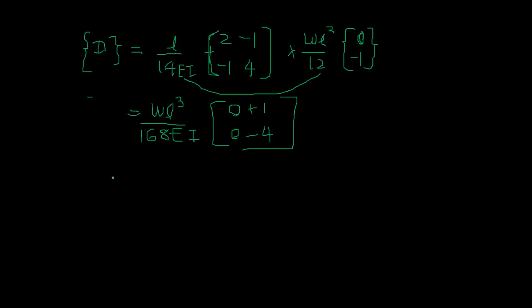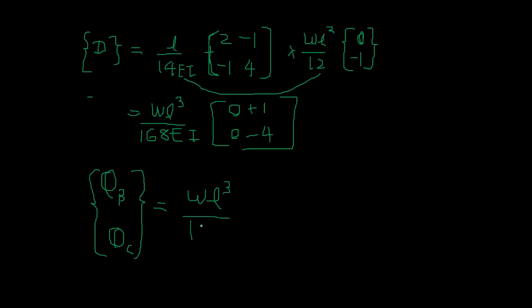So your theta B and theta C equals W L cube over 168 EI into 1 and minus 4.